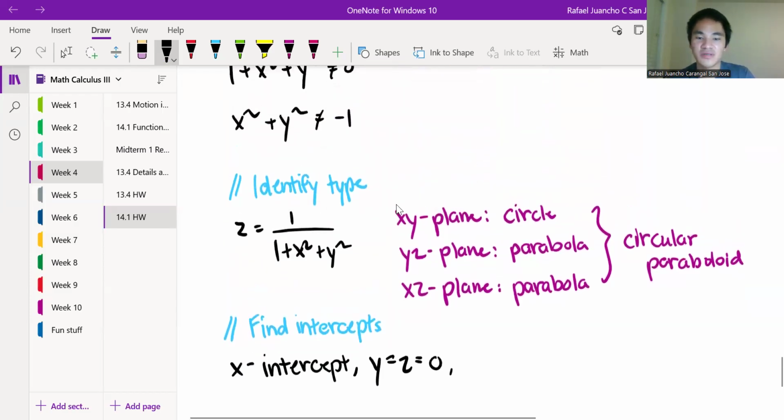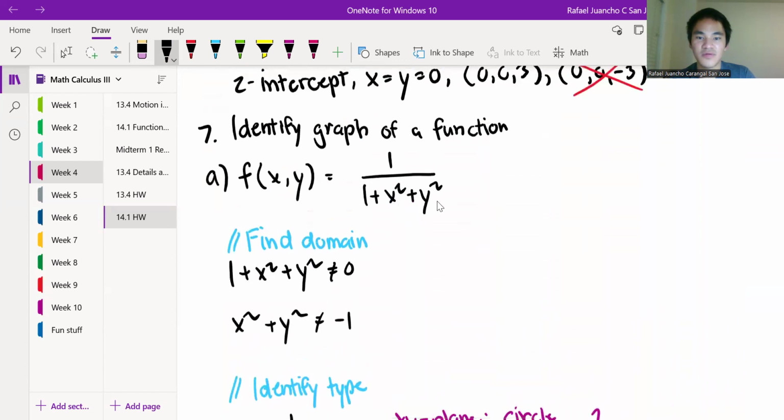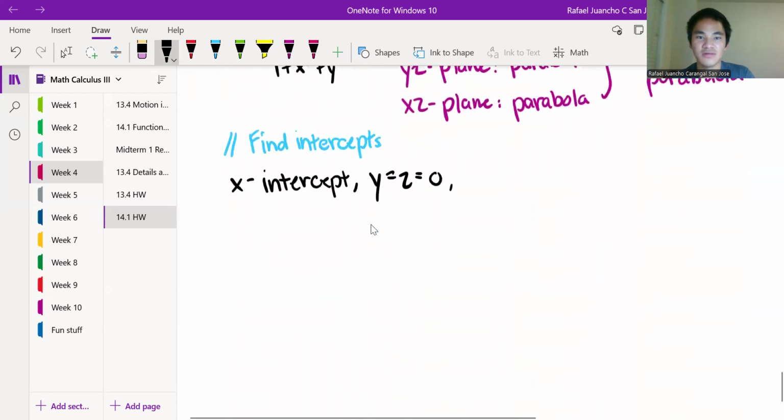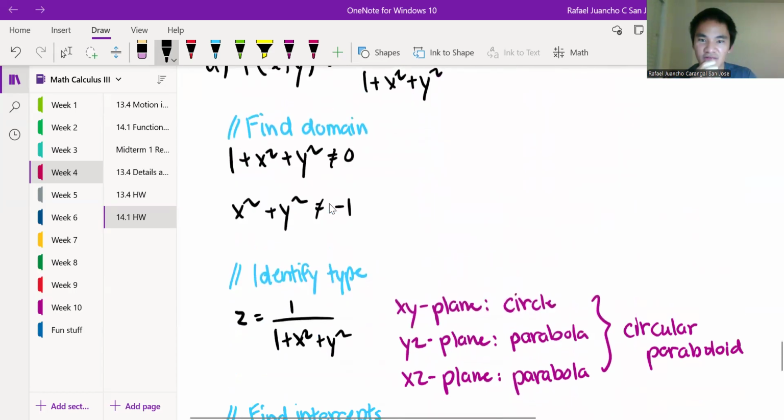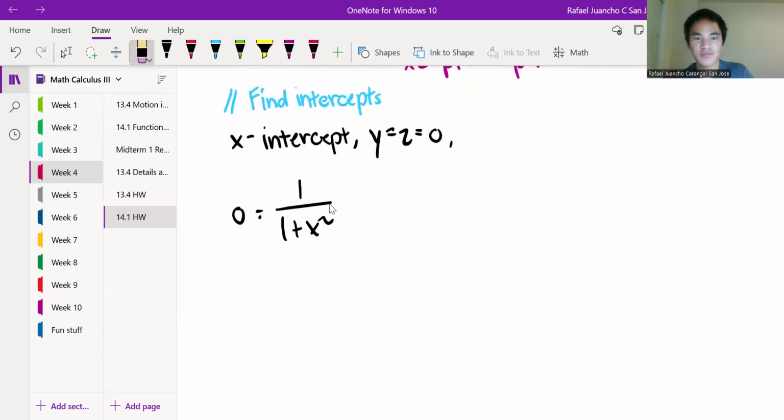Then I would have something like 1 plus x squared equals 0, which is undefined. So I'm going to say no x-intercepts.